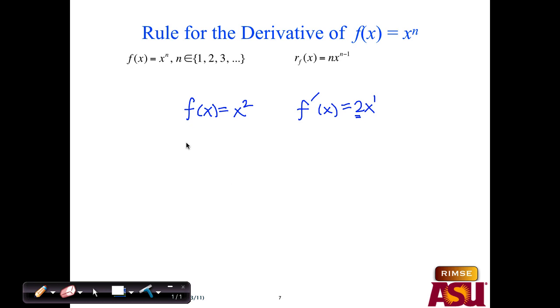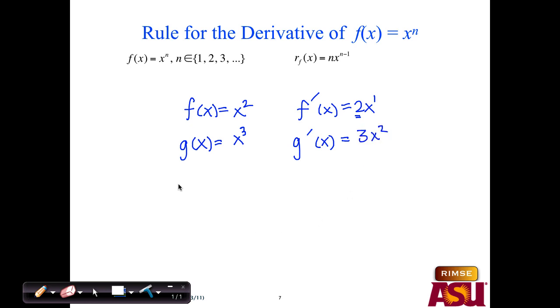Or when we're dealing with our sphere, I'll just write the x cubed part of it. When we had the sphere, there was the 4/3 pi part, but we ended up with an x squared. It reduced in the end to 4 pi x squared, but it was 4/3 pi times 3x squared.